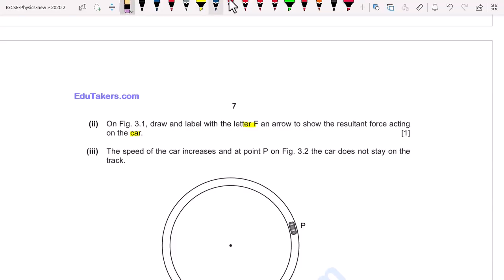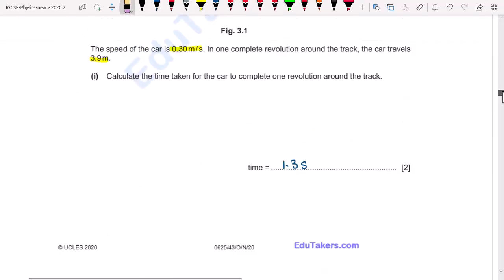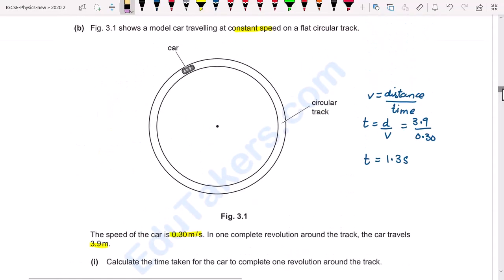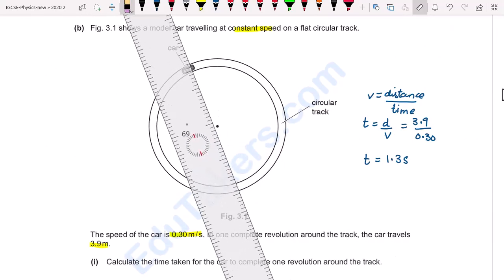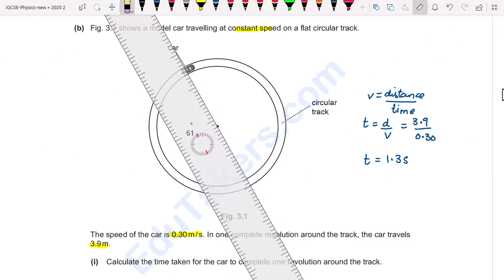Going back to diagram 3.1, when the body is moving in a circular path, the net resultant force is always acting towards the center of the circle. In order to move the body in a circular path, there must be a net force acting towards the center of the circle. So the direction of that force will be towards the center. I'm going to draw it.